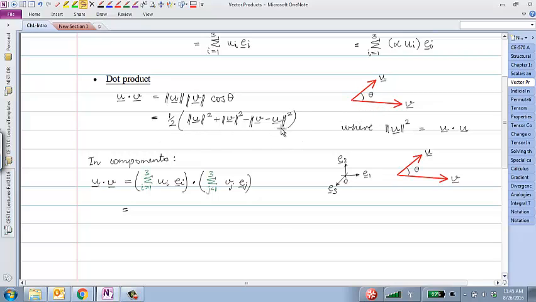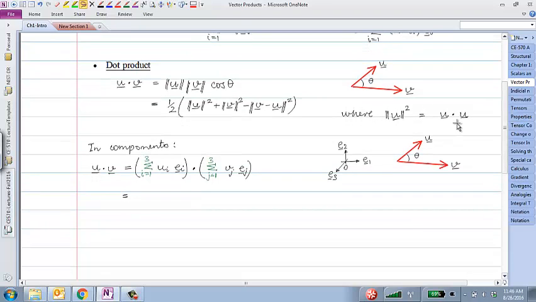And how do we find the magnitude of a vector itself? We take that vector u and dot product with itself, and we take the square root of that, which gives me the magnitude of that vector. So these are all physical, without reference to a coordinate system description of the dot product.